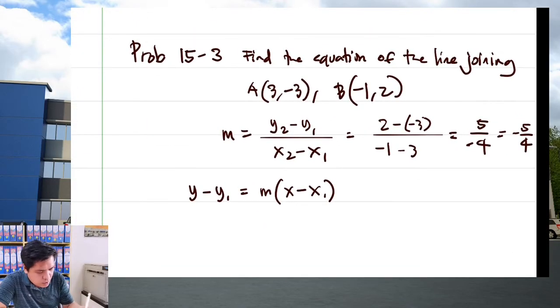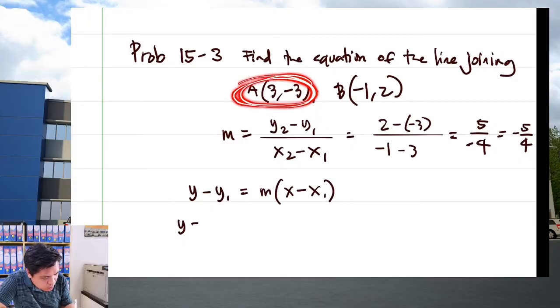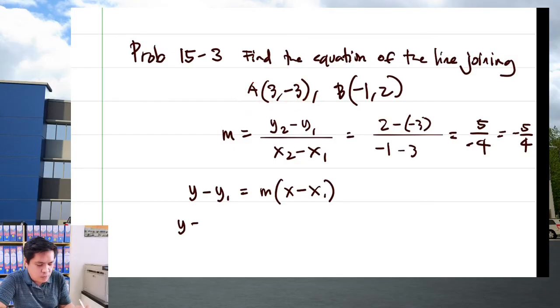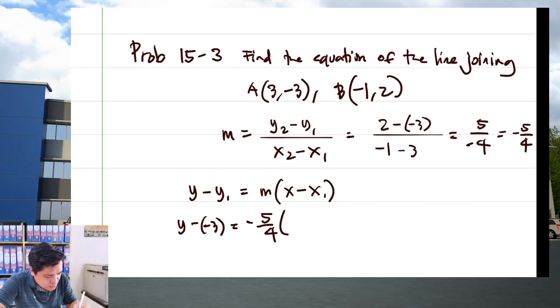Pwede, try natin. So, if we are considering A, that would be y minus negative 3 equal to m, which is negative 5/4, times x minus 3.